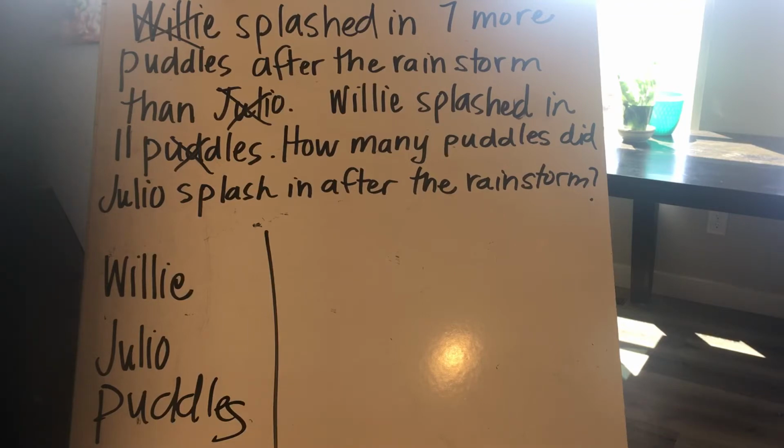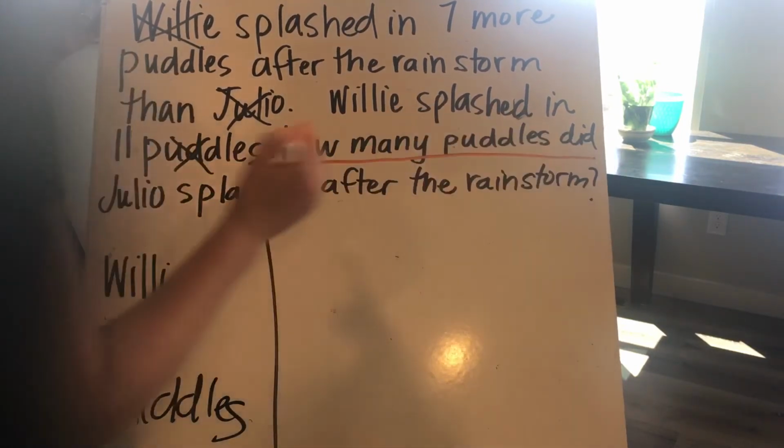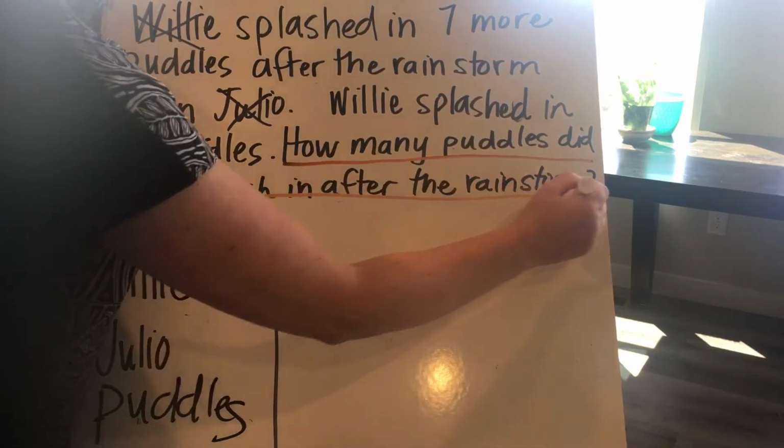So I already crossed off from our who is Willie and Julio, and then the what is puddles. As we're looking at this, we have to think about what we know. The first thing I'm going to do is underline what we're looking for. Everybody reading: how many puddles did Julio splash in after the rainstorm?